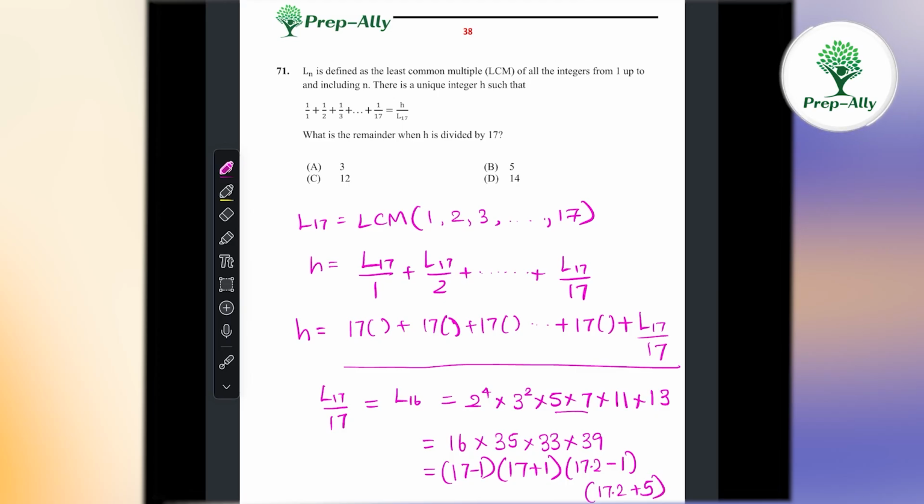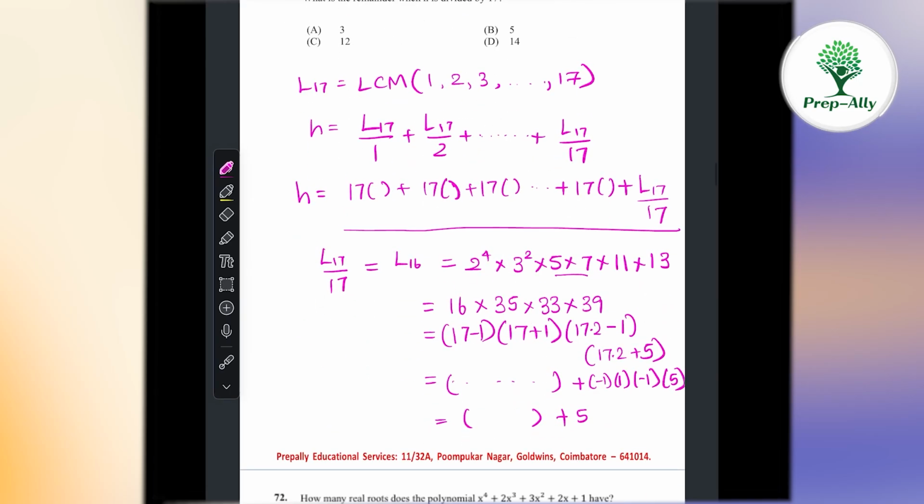And from here we'll have a lot of terms that are multiples of 17, and in the end we'll have this exact term left, which is minus 1 times 1 times minus 1 times 5, which equals a multiple of 17 plus 5.